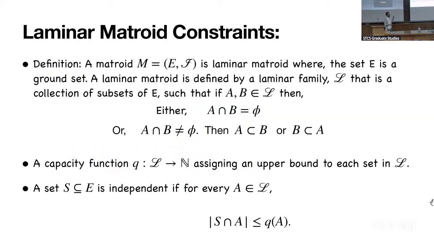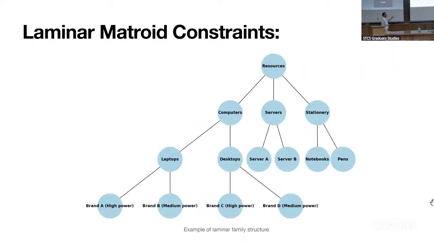But in today's talk, we are looking into the Laminar Matroid constraint. This is the definition, but I'm not going into detail on it. We can understand this constraint by example. We have a set of items, and the items are divided into categories, and further the categories are divided into subcategories, and it can be a finite-length tree.